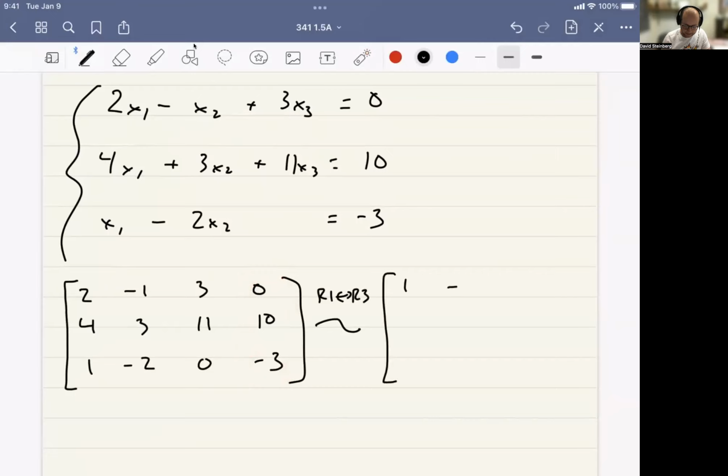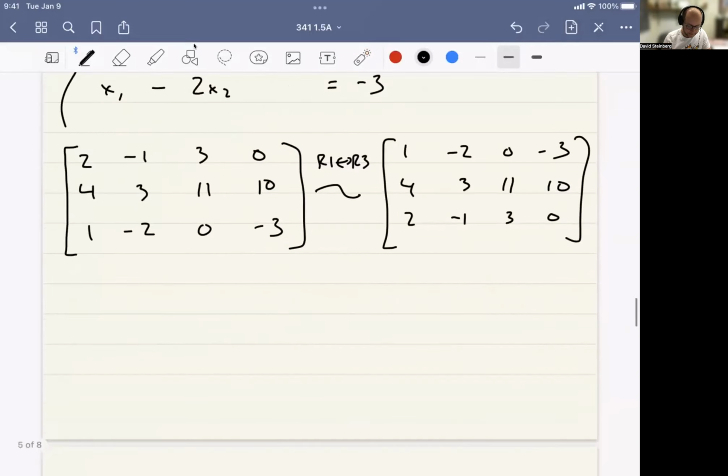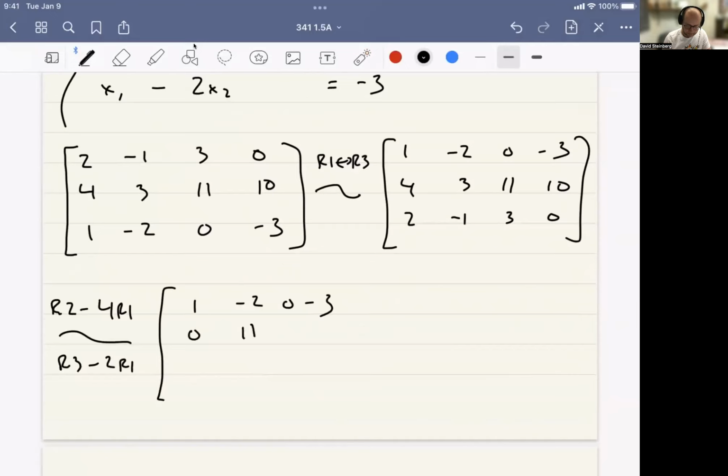So 1, -2, 0, -3, 4, 3, 11, 10, 2, -1, 3, 0. Again, we'll do row 2 -4 row 1, row 3 -2 row 1. So we get 1, -2, 0, -3, 0, 11, 11, 22, 0, 3, 3, 6.